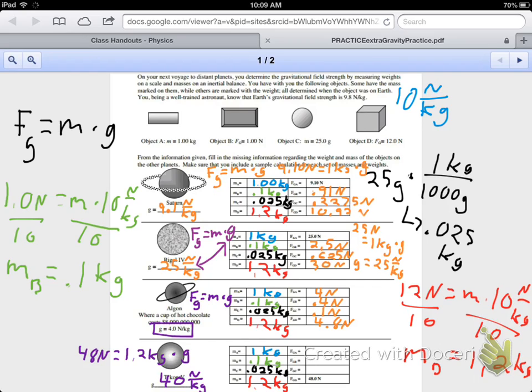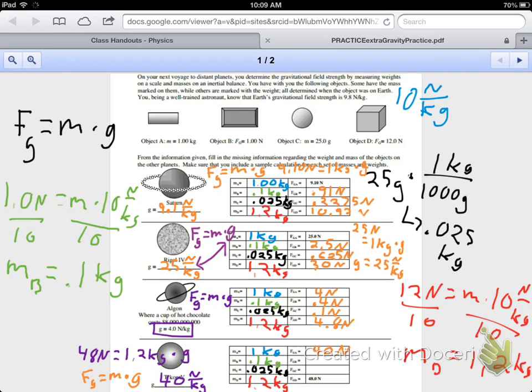So then using our trusty force due to gravity equals the mass of an object times the gravitational field strength. Now that we have that gravitational field strength, we can multiply masses A, B, and C by that number to find the force due to gravity on each of them, to find the weight. So for mass A, 1 kilogram, multiply that by 40 newtons per kilogram, and we will get 40 newtons.